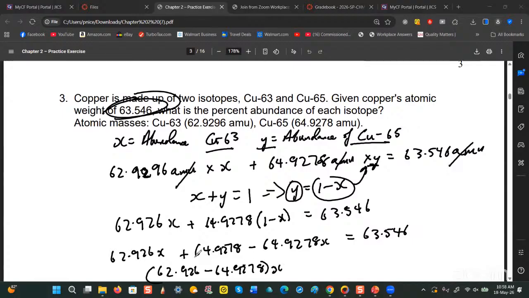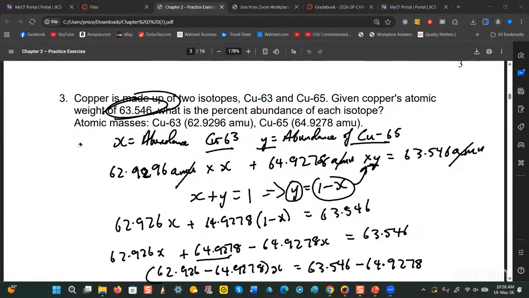And I'm going to subtract the 64.9278 from both sides, so you're going to end up with 63.546 minus 64.9278. All right, I'm going to need more space.